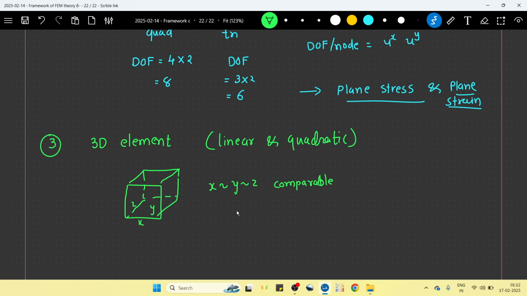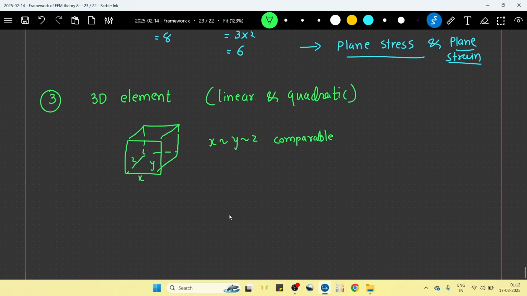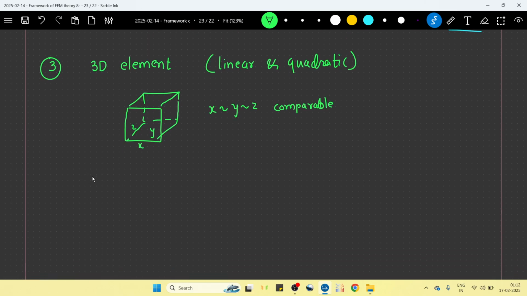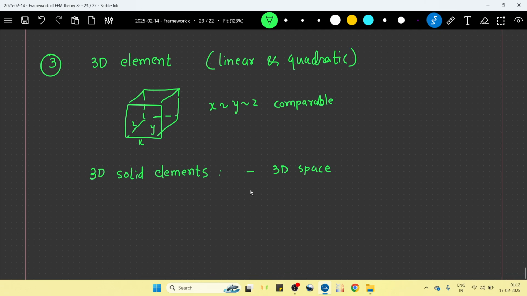Okay, so all three dimensions are modeled physically. So there is only one category of 3D elements, that is 3D solid elements. And they are always represented in 3D space. Obviously, we cannot represent 3D solid elements in 2D or 1D space. So always 3D space.